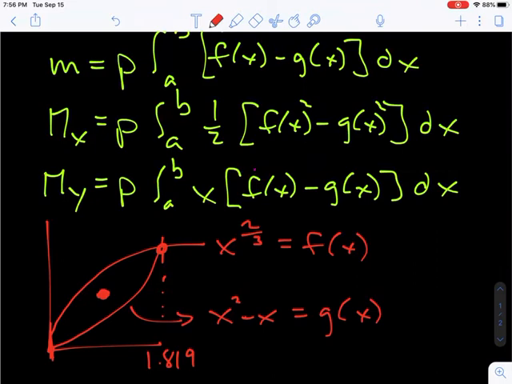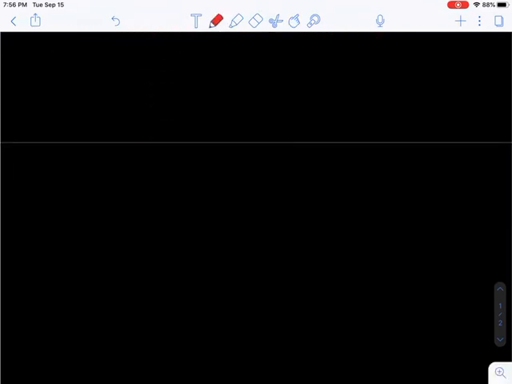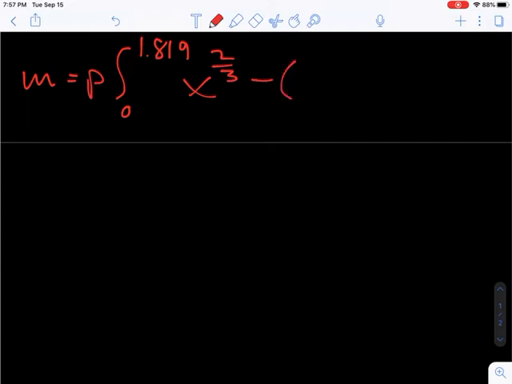Okay, so let's start off by finding the total mass. The total mass, m, is equal to rho times the integral from 0 to 1.819 of x to the 2/3 power minus (x squared minus x) dx.